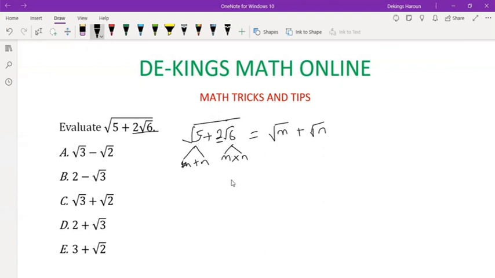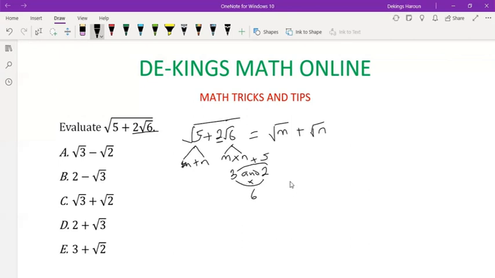So looking at the factors of 6, the easiest ones for us to use is 3 and 2. So you can see that 3 times 2 is going to give us 6, and 3 plus 2 is going to give us 5.